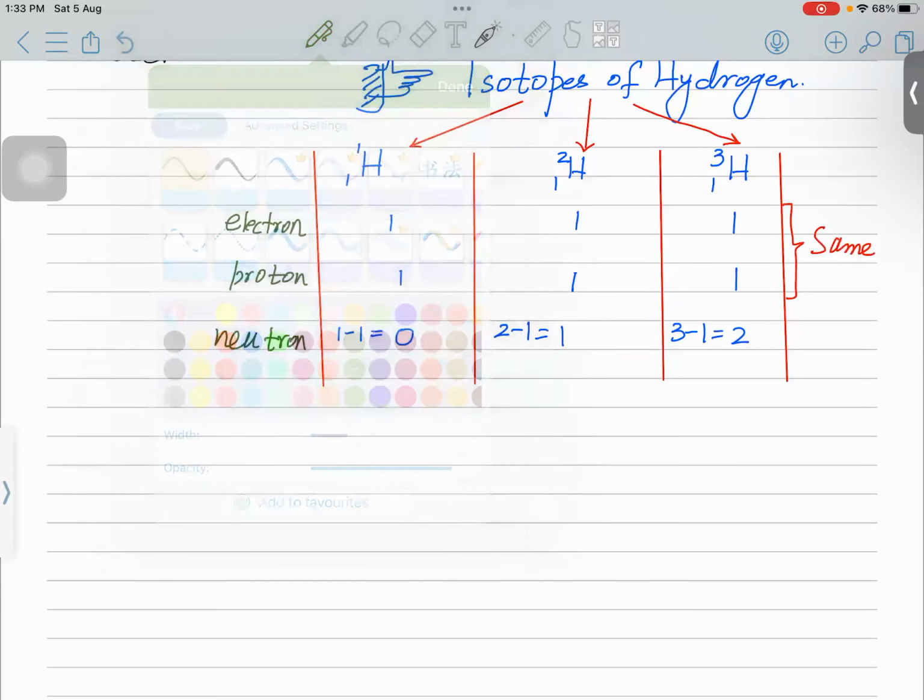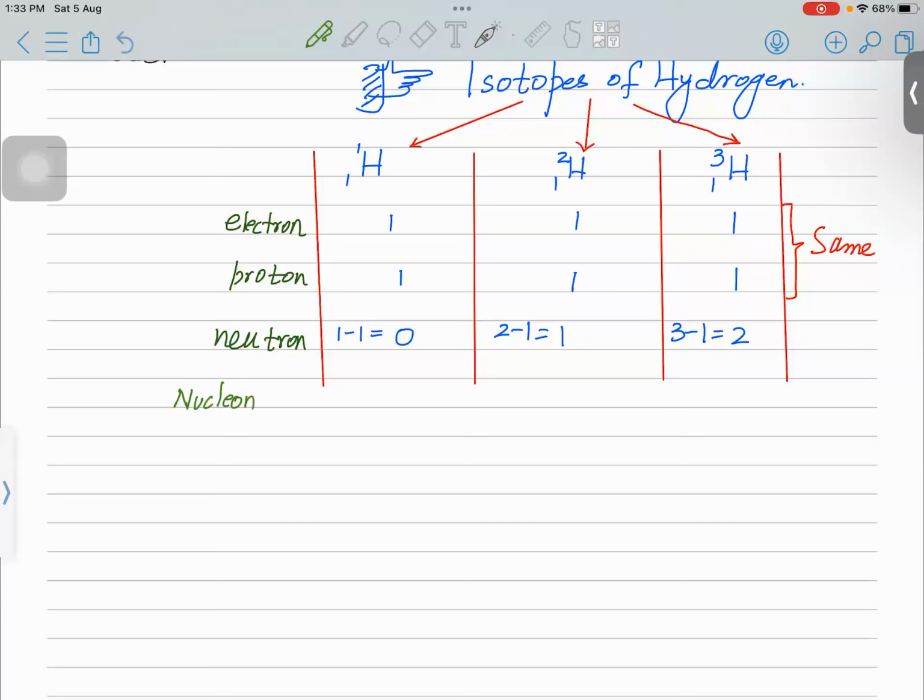If I write nucleon number, then you can see that nucleon number is 1, 2, and 3. Now you can see that these are different.